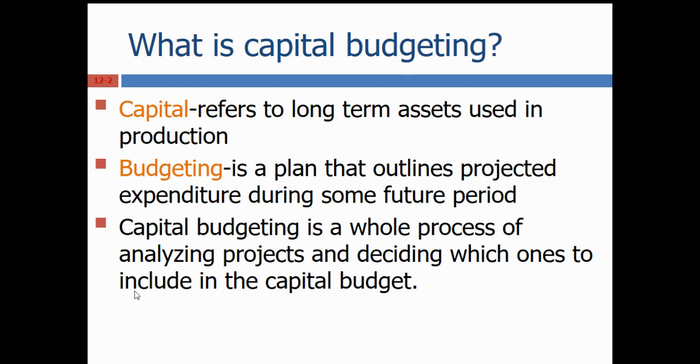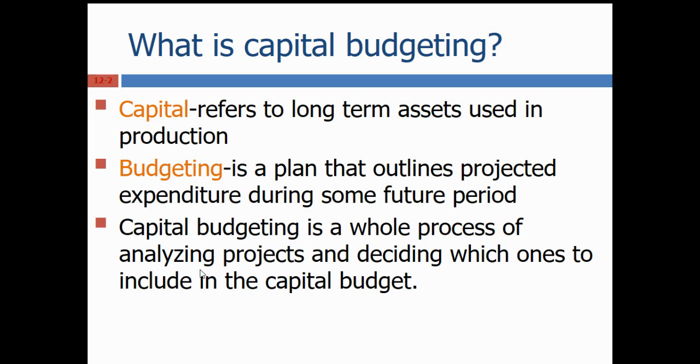Capital budgeting is a whole process of analyzing projects and deciding which ones to include in the capital budget. In the whole process, you'll be learning the relevant expenditures and the relevant income, which ones you need to include in the capital budgeting, and which expenses you might not include.